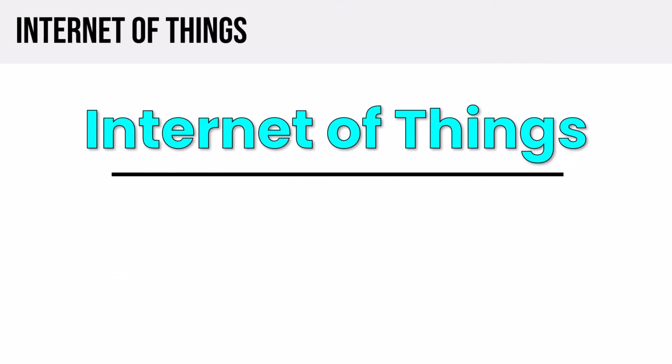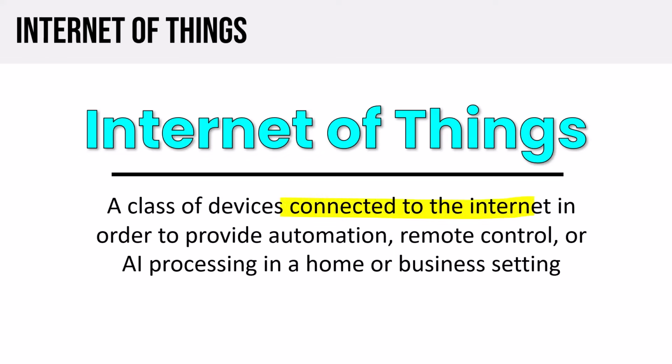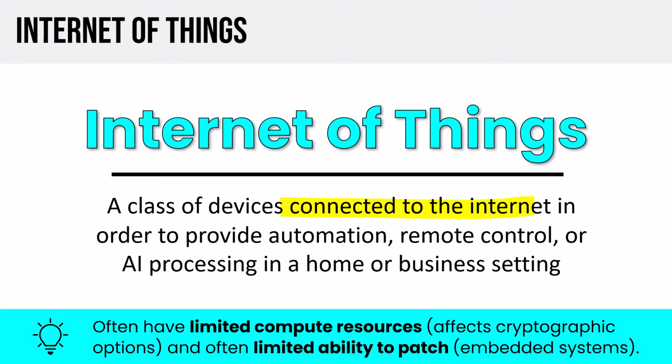So moving on, Internet of Things. So this is a class of devices connected to the internet in order to provide automation, remote control, or AI processing in a home or business setting. A couple of things to think about from a security perspective when you're choosing IoT solutions as your architecture. They often have limited compute resources.